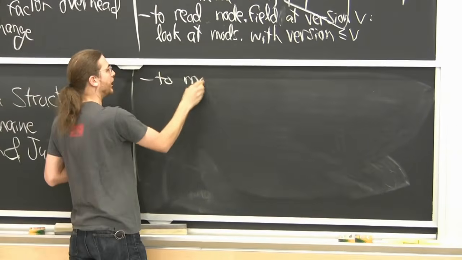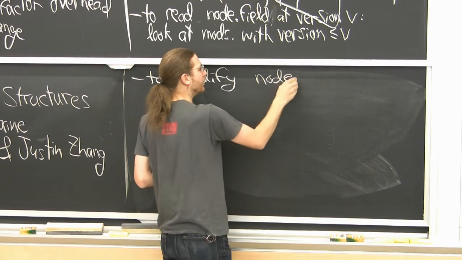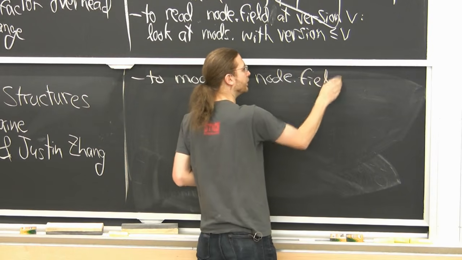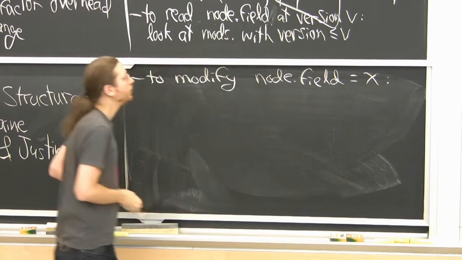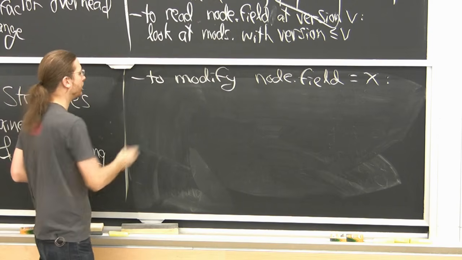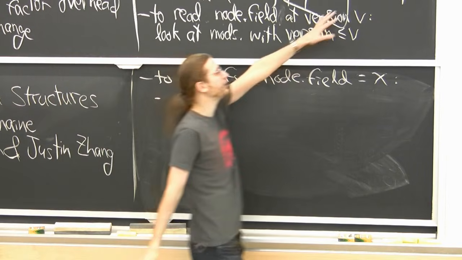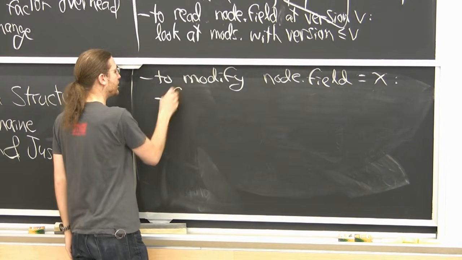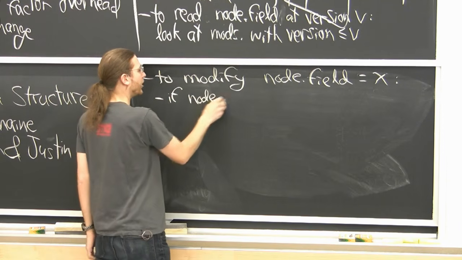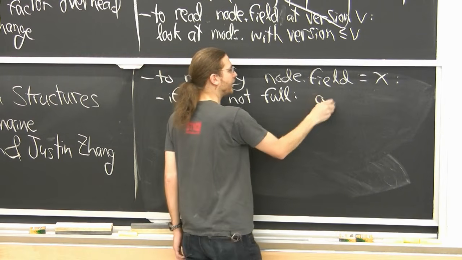So to modify, say we want to set node.field equal to x. What we do is, first we check, is there any space in the mod structure? If there's any blank mods, so if the node is not full, we just add a mod.